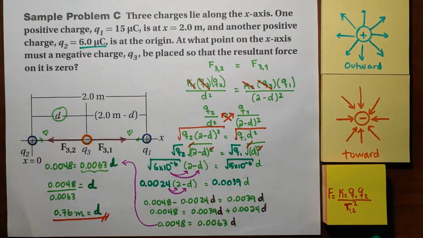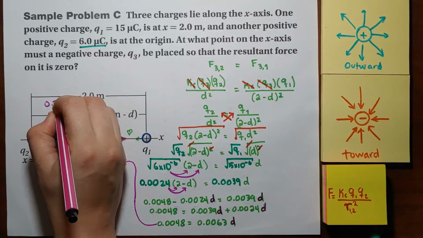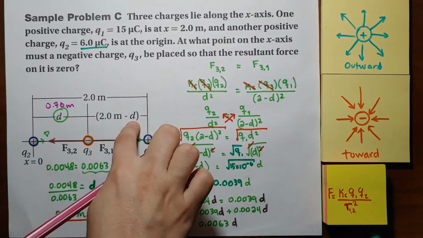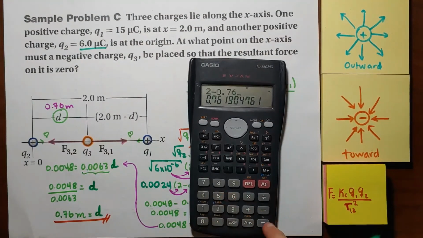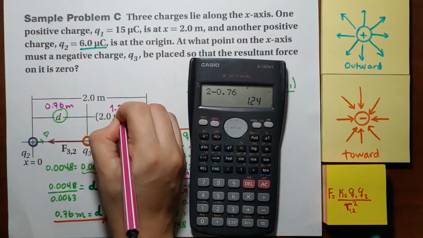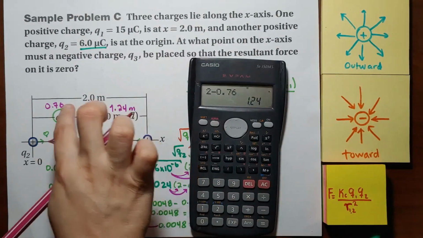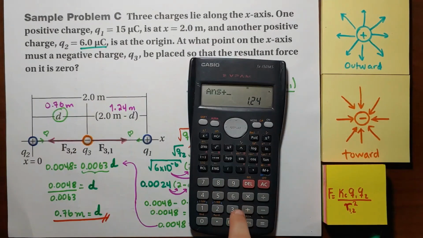So you can write the answer here, that d is equal to 0.76 meters, and the other distance is 2 minus d, or 2 minus 0.76, which gives me 1.24 meters. To make sure, you can add the two to see if you get 2: 1.24 plus 0.76 is 2. So this is it about equilibrium. Good luck.